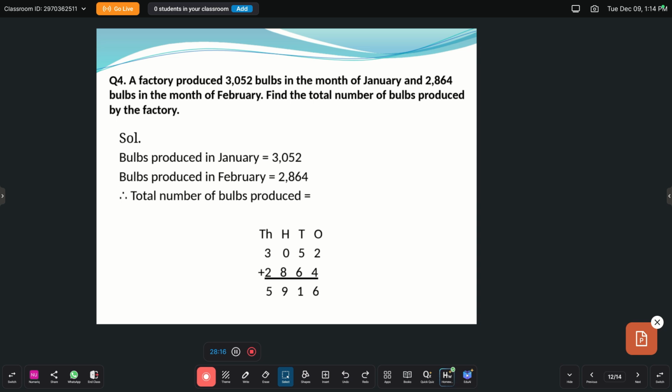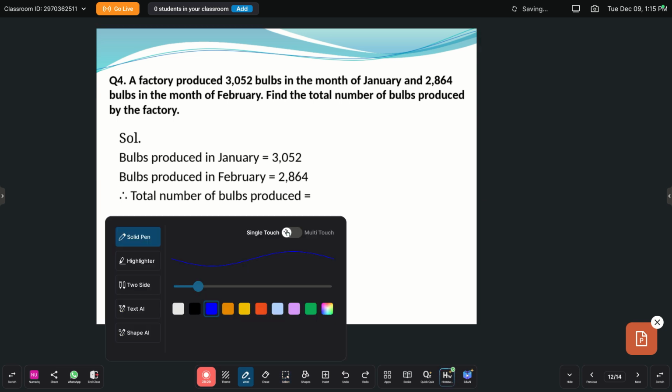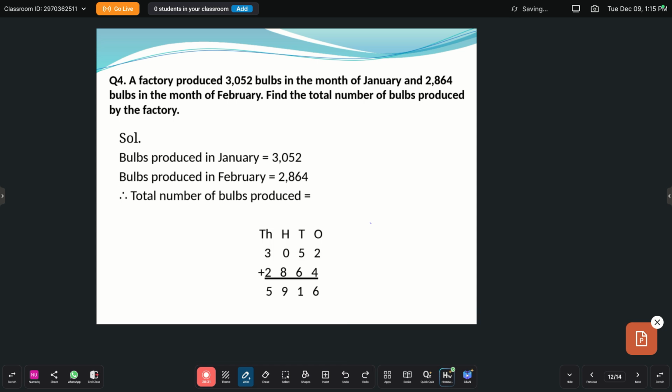What does the question say? The question says that a factory produced 3,052 bulbs in the month of January, and it produced 2,864 bulbs in the month of February.